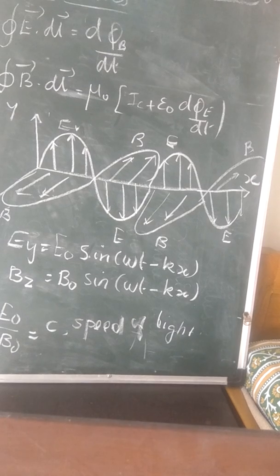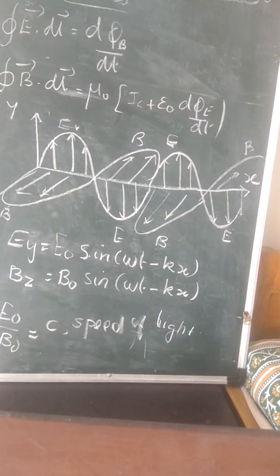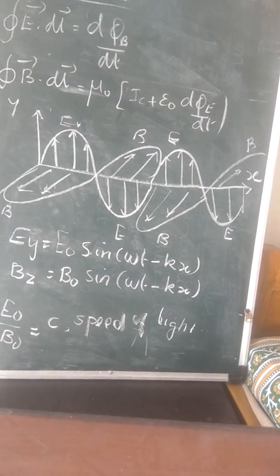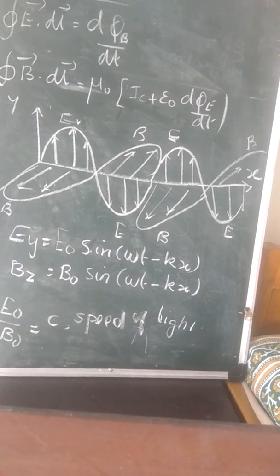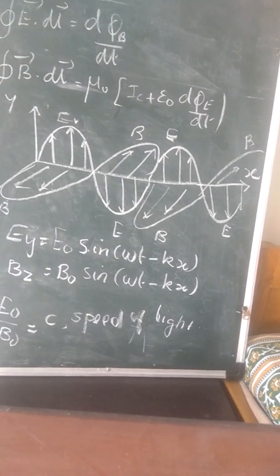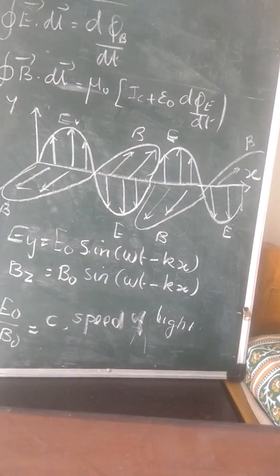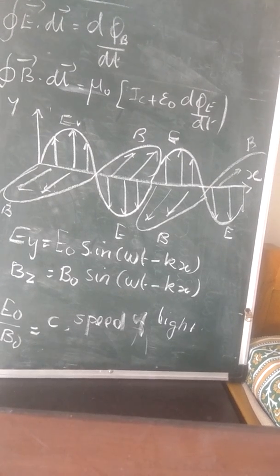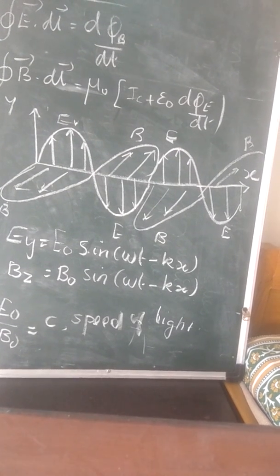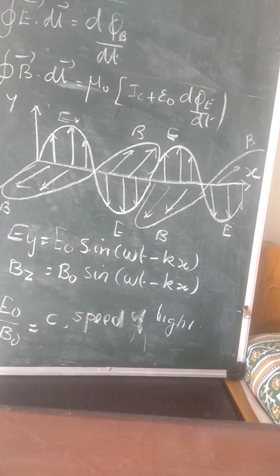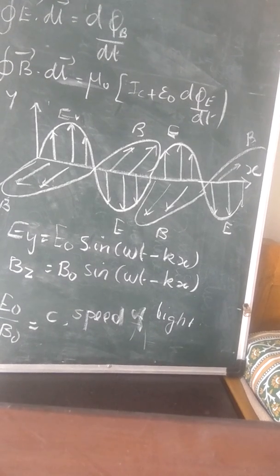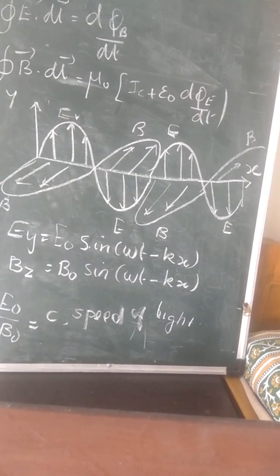E0 is the maximum component of the electric field, that is called the electric field amplitude. Then the magnetic field along the z-axis is taken as Bz = B0 sin(ωt − kx). Here in both equations, the sign component is the same.